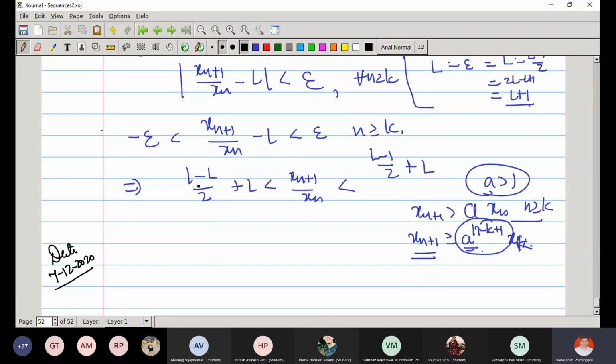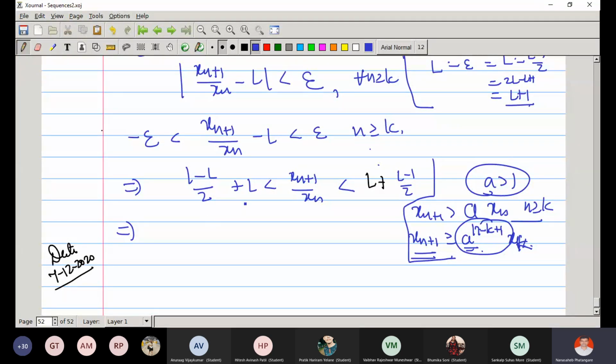That means L minus epsilon is less than xn plus 1 upon xn is less than L plus epsilon. What is my epsilon? L minus 1 by 2. Correct?